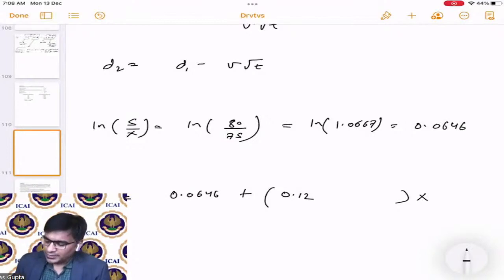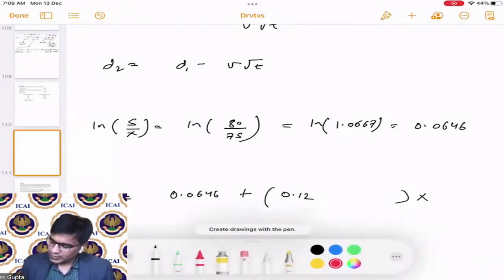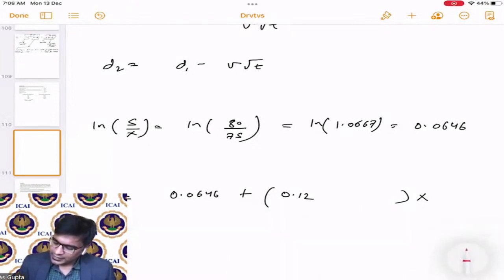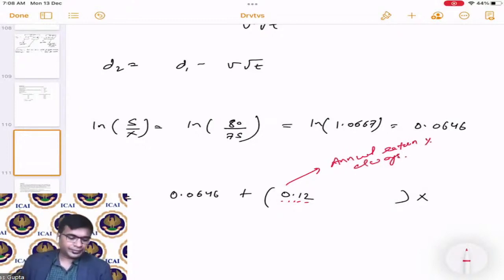Okay, so this 12% has to be the annual percentage per annum. Just make this point, otherwise there are chances to make a mistake here. So this is annual return percentage always, right?